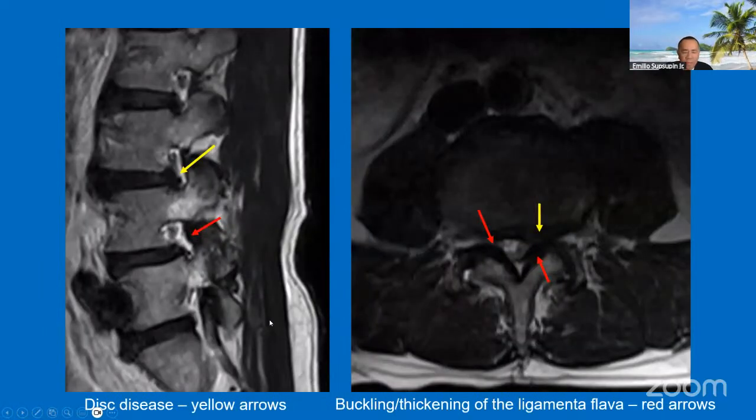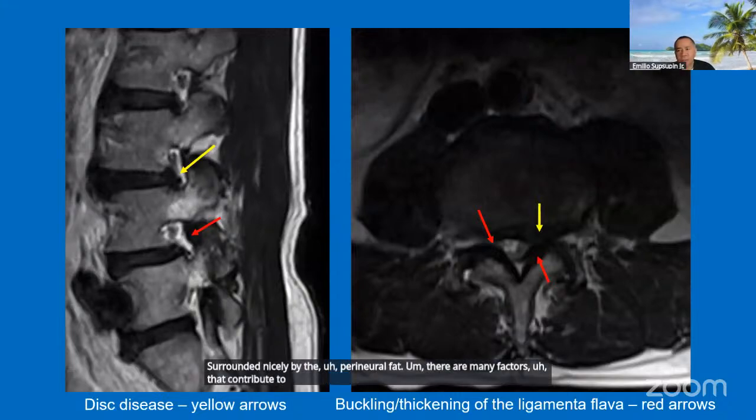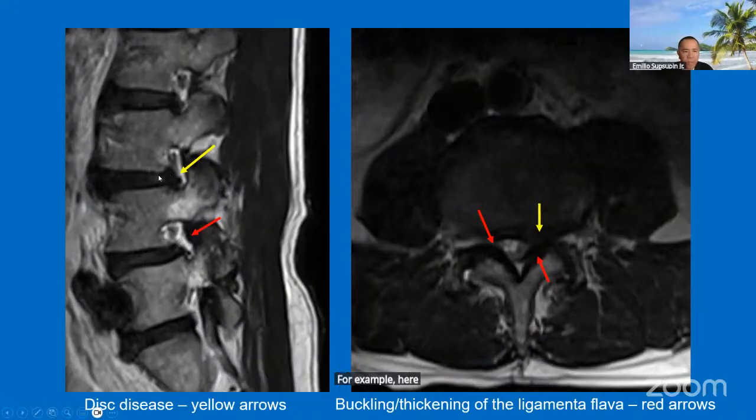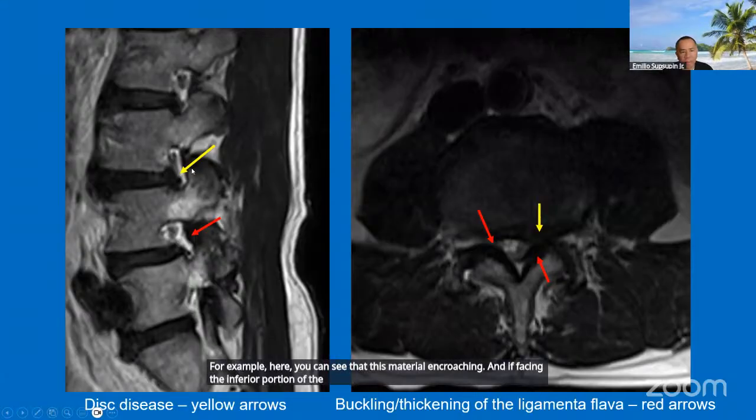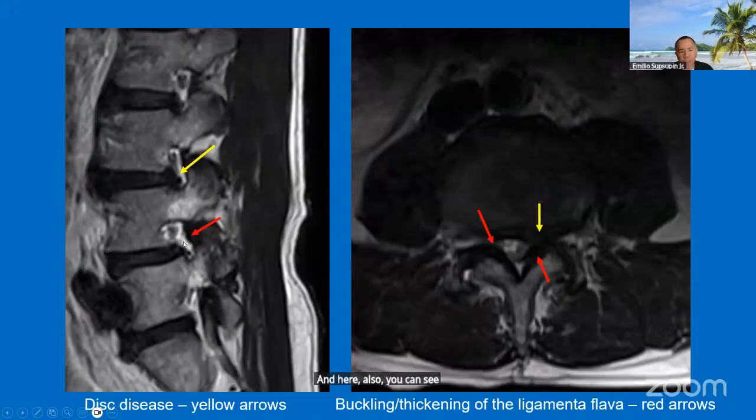There are many factors that contribute to the shape and size of the neural foramen. For example, here you can see the disc material encroaching and effacing the inferior portion of the perineural fat. And here also, you can see some encroachment into the neural foramen because of thickening of the ligamentum flavum.